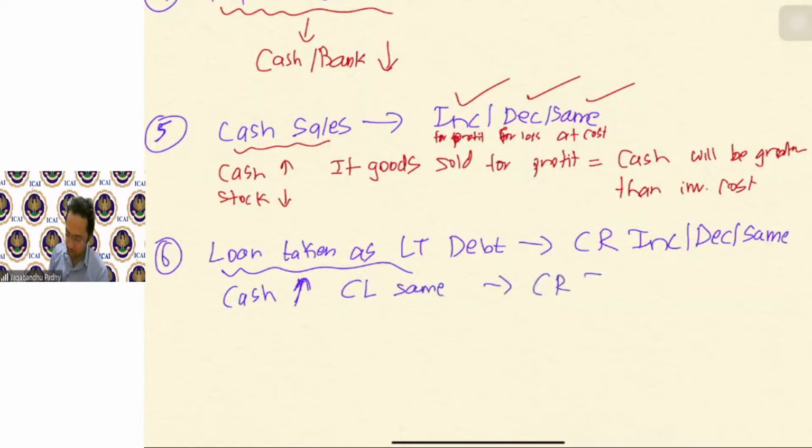So net impact will be current ratio will increase. Clear? Okay.